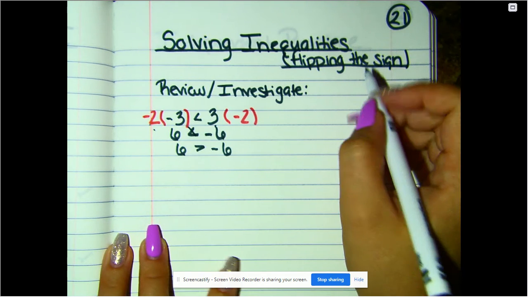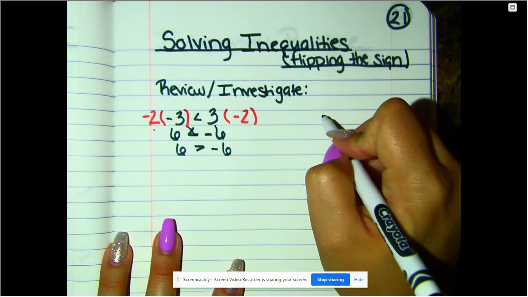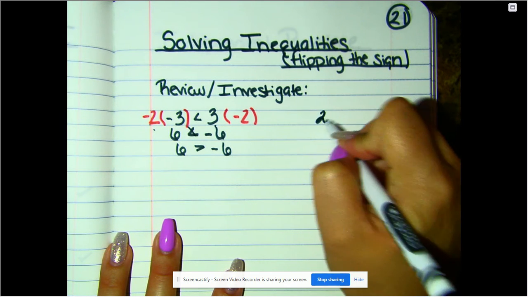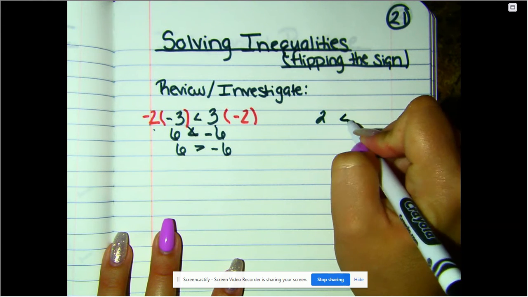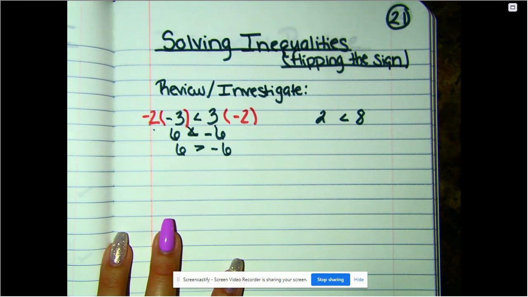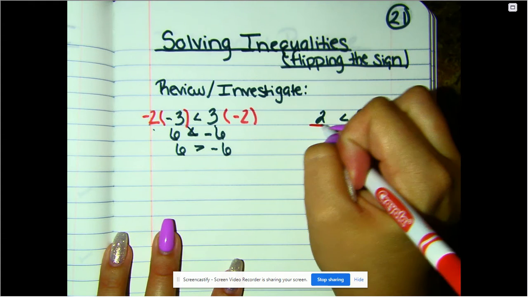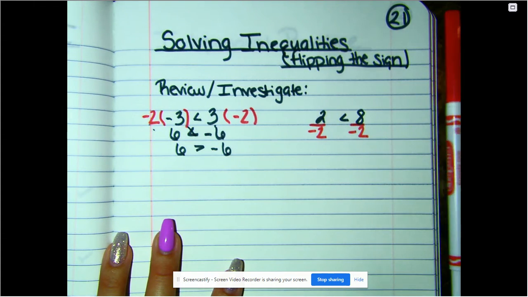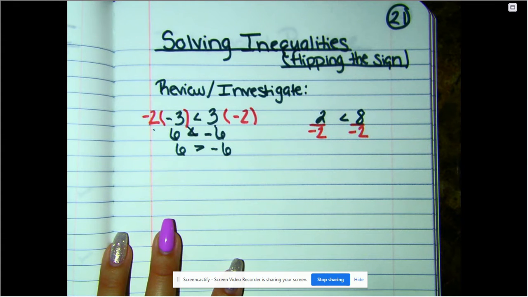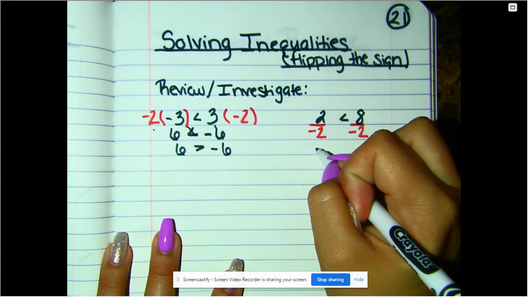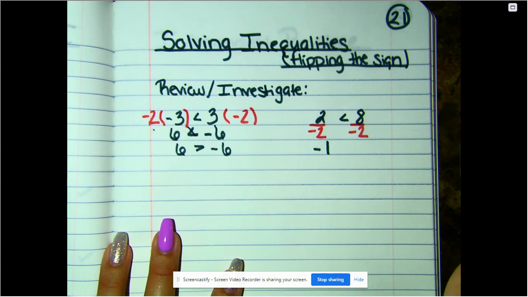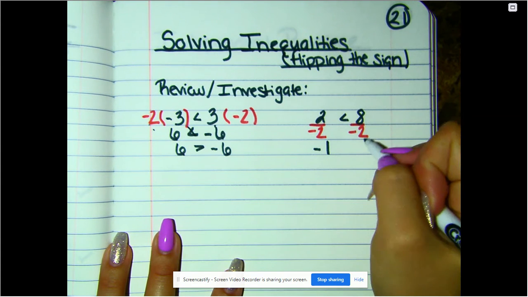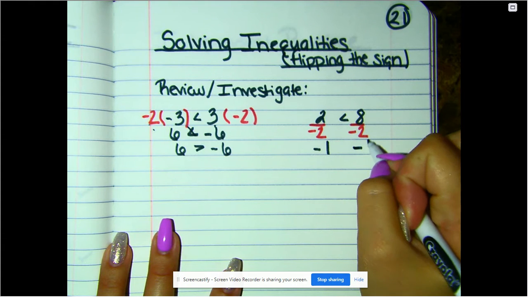Okay, so let's do it whenever we end up dividing both sides. So if we have 2 is less than 8, and I need to divide both sides by -2. 2 divided by -2 is -1, and 8 divided by -2 is -4.